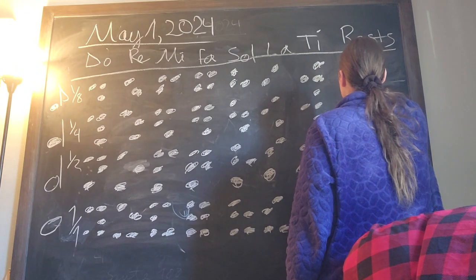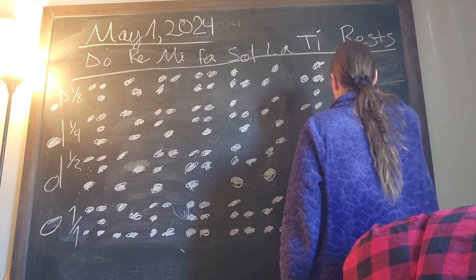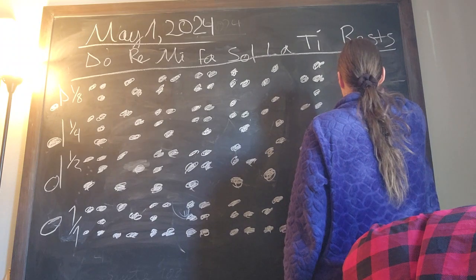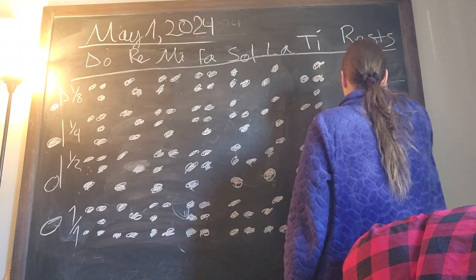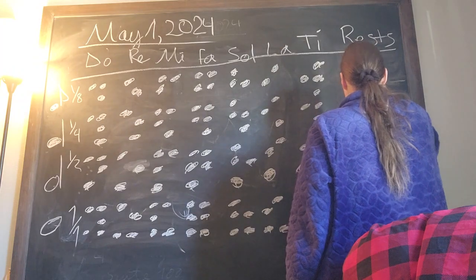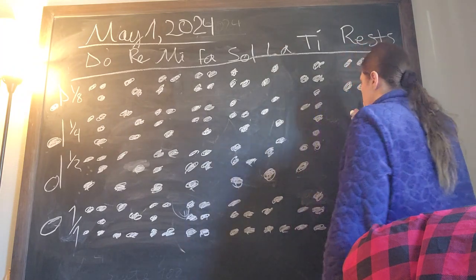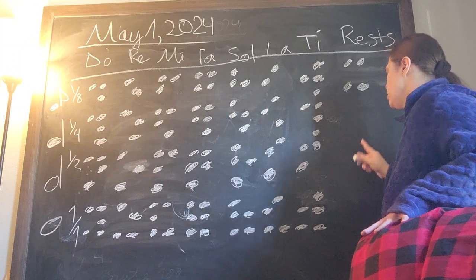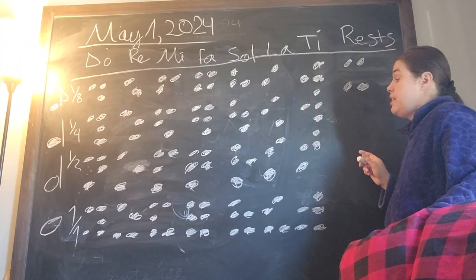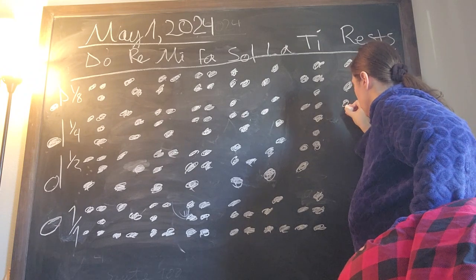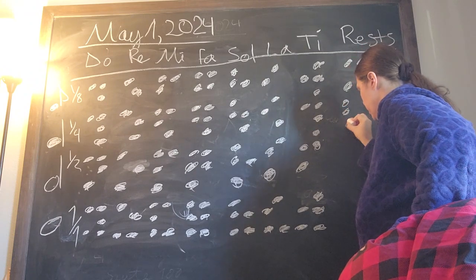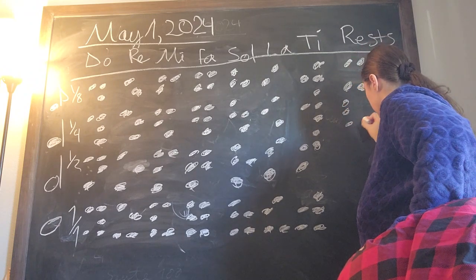The eighth rest is basically the same dot as the letter X. So 1, 3, 4, 6 is your eighth rest. Your quarter rest is the same as the letter V. 1, 2, 3, and 6.